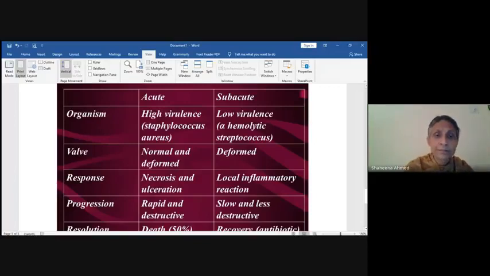First of all, in acute endocarditis, high virulence organisms are involved, and the most common organism is Staphylococcus aureus. Whereas in subacute endocarditis, low virulence organisms are usually involved, basically Streptococcus, which belong to the alpha hemolytic group.